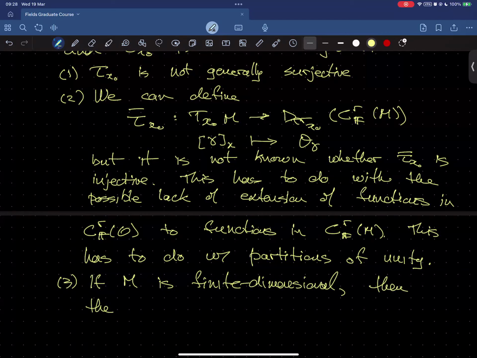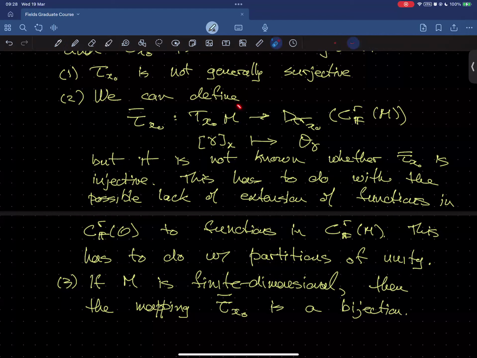Then the mapping tau bar x naught is a bijection. In other words, there's a one-to-one correspondence between tangent vectors and derivations at x naught in the finite dimensional case.